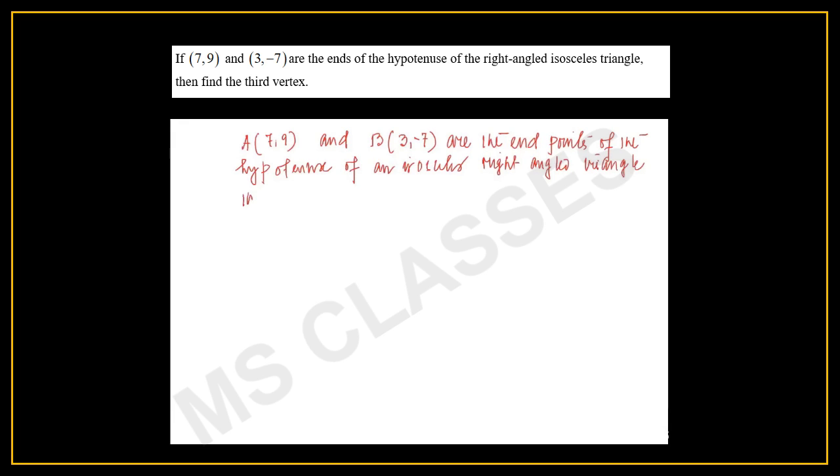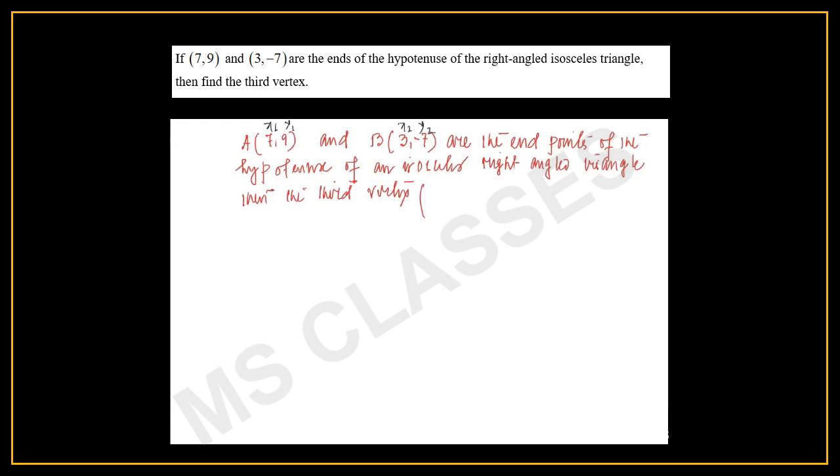Then the third vertex is given by x1 plus x2. So we consider this as x1, this as y1, this as x2, this as y2.